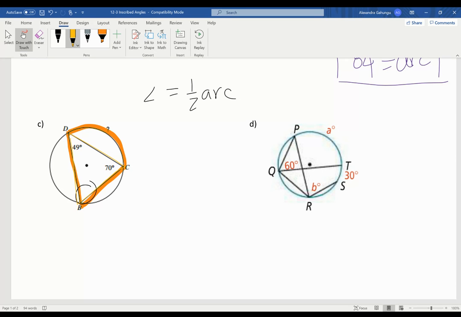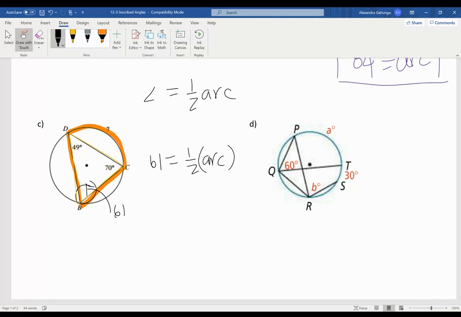So we'll do 180 minus 49 minus 70, and we'll get this angle, 61 degrees. So the angle is 61 degrees, and that'll be half whatever my arc is.